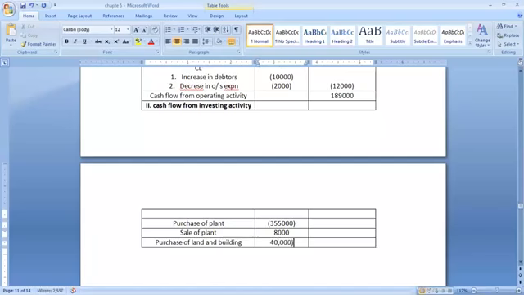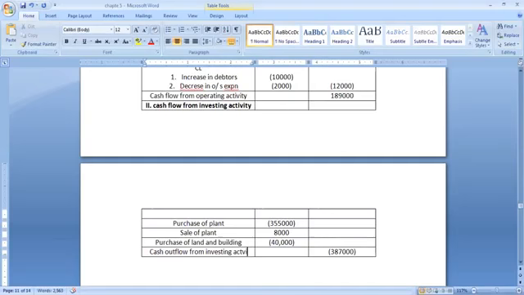As it is a purchase, it will be an outflow of cash. So what will the value of this be? This will be 3,55,000, 8,000, 40,000, which is 3,87,000. Okay. So what is this called? As you got the value in the negative, it is the cash outflow from investing activity.